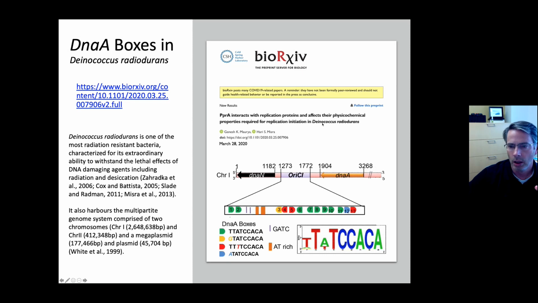And this is for Deinococcus radiodurans. There's a little background pasted over on the left. This is a highly radiation-resistant bacterium, and so it gets lots of attention for how it is resistant to radiation.